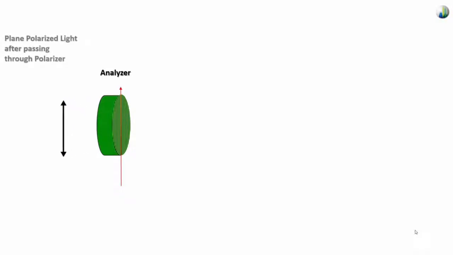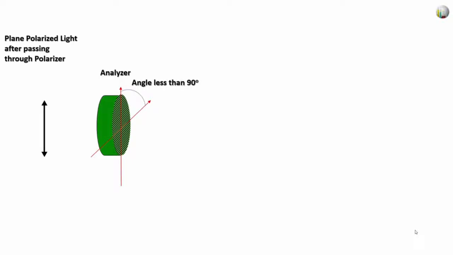If we rotate the analyzer by an angle other than 90 degrees, some light will still pass through, but its intensity will be reduced. But if we rotate the analyzer by an angle of 90 degrees to the initial direction, then the entire light will be cut off.